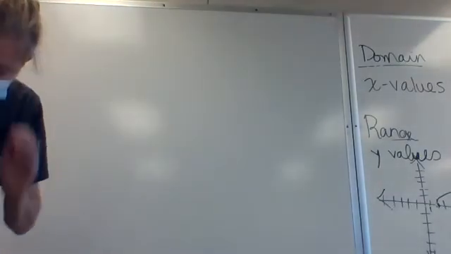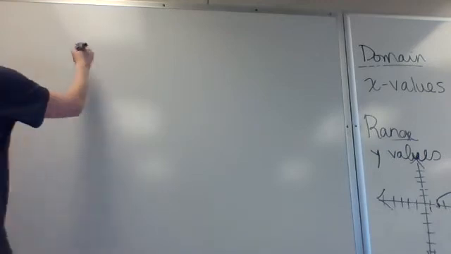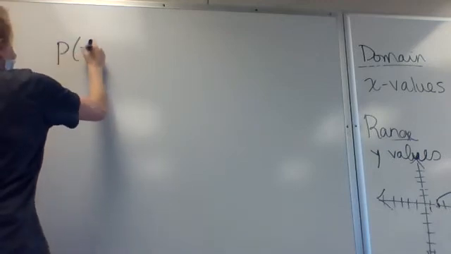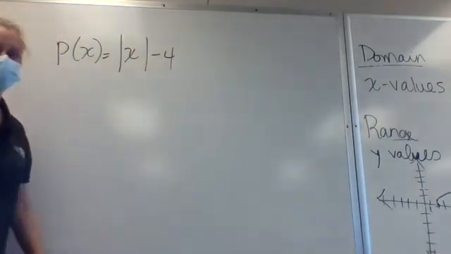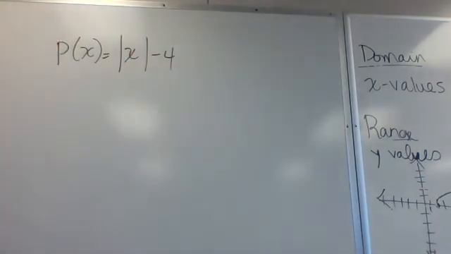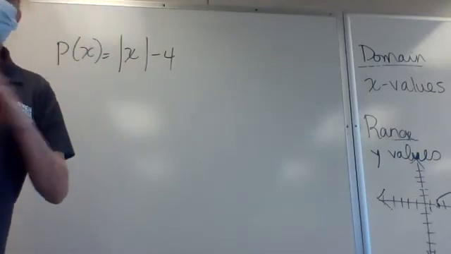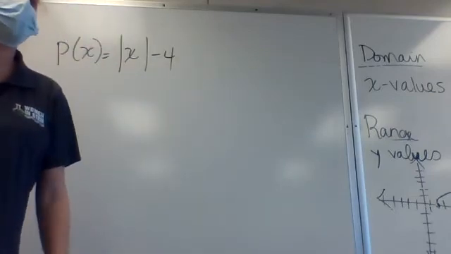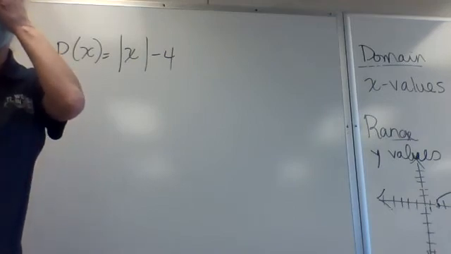Number 7, find the domain of this. P of x equals the absolute value of x minus 4. First of all, what kind of graph is absolute value? V. Do V's go forever left and right? Yeah, so this domain is all real numbers, okay?